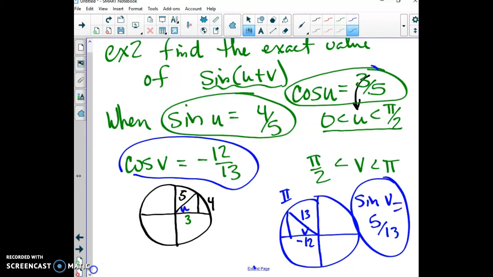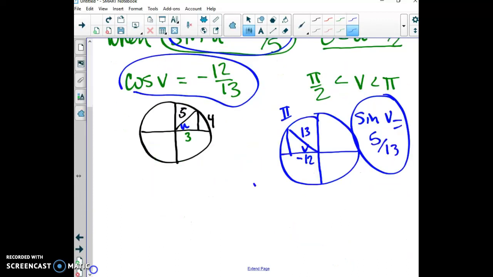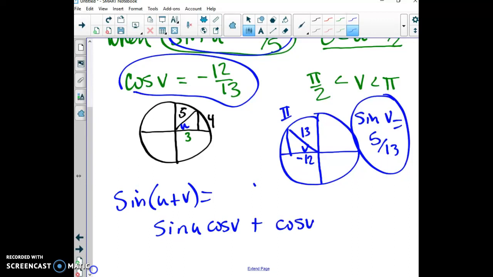We've got cosine u, sine u, and we're simply going to plug those into our formula. Our formula, sine u plus v, is sine u cosine v plus cosine u sine v.